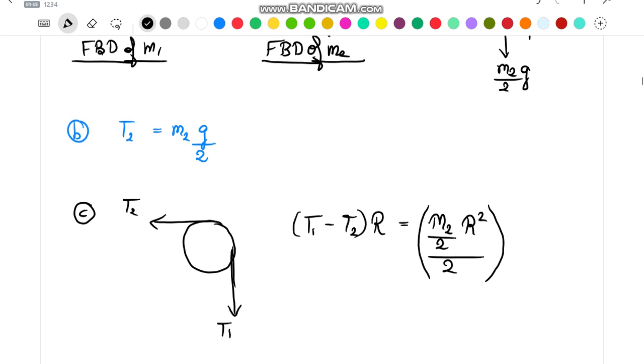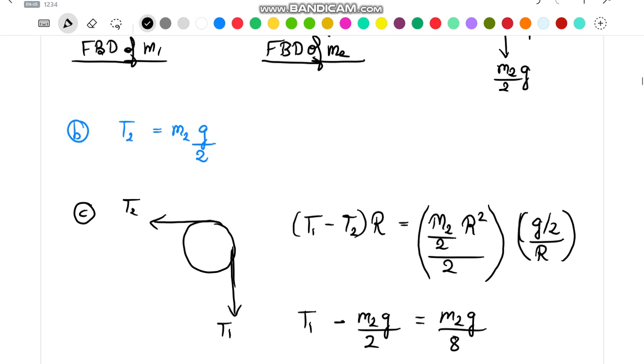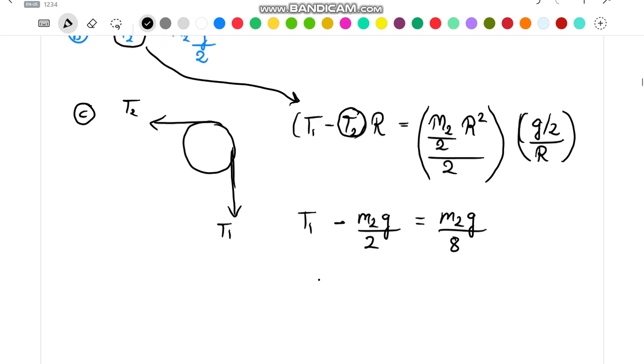This is the value of I for the pulley, and alpha will be equal to a by R. So from here we can write the expression of T1 as T1 minus m2g by 2 equals m2g by 8. Here I have substituted the value of T2 from part B, and now we can find the value of T1, which comes out to be equal to 5m2g by 8.